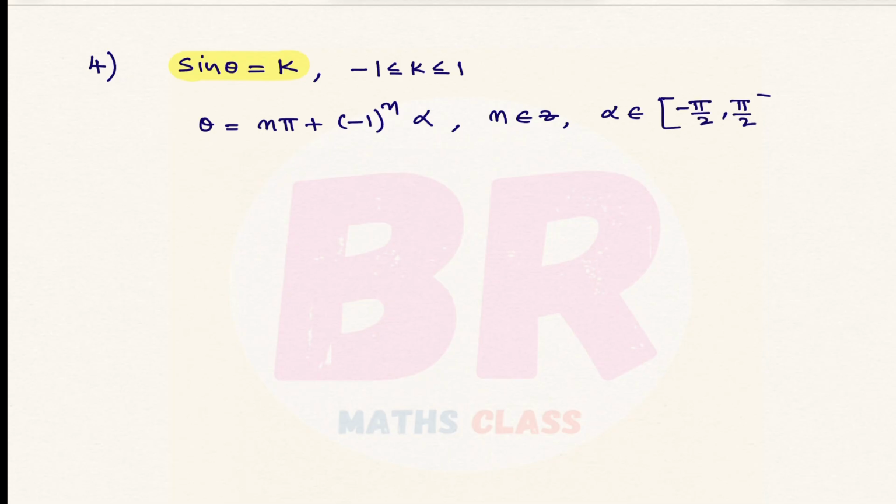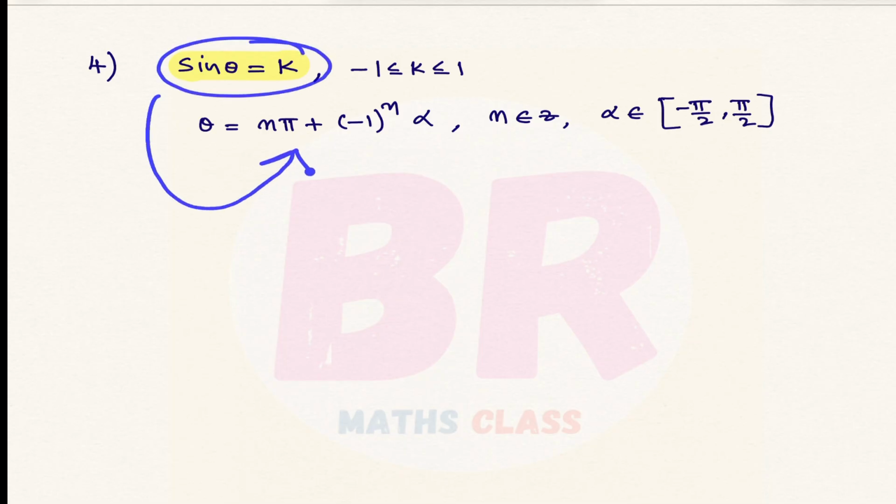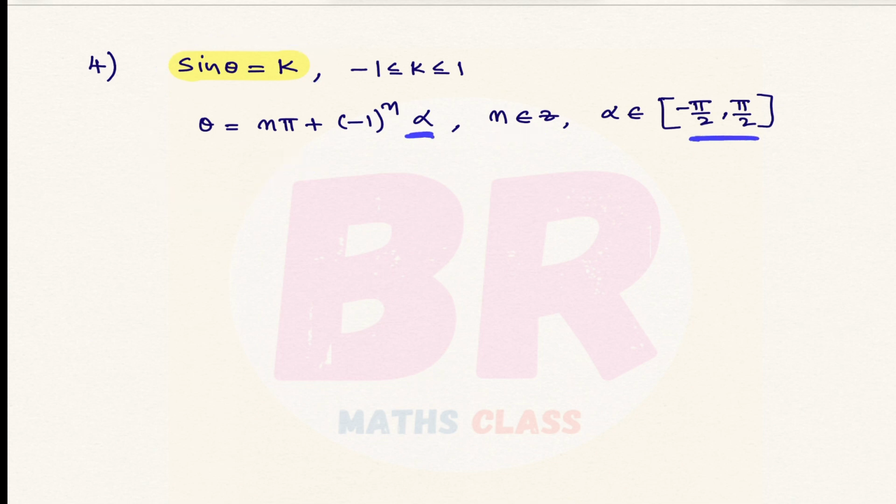I am not giving a detailed explanation, this is all about learning trigonometry formulas. So the general solution for sin theta equal to k is n pi plus (minus 1) whole power n into alpha.